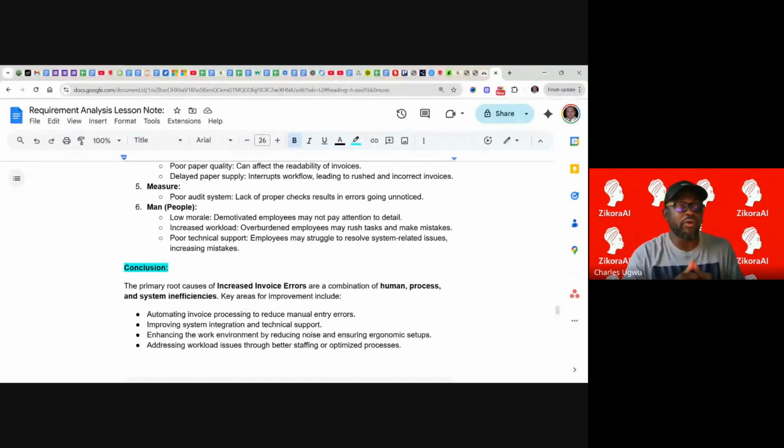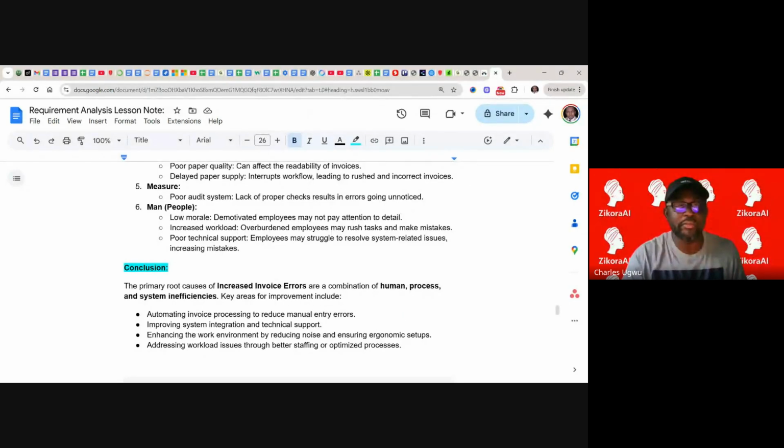We are looking for a project manager to lead the implementation of automating the invoice process to reduce manual errors. Enhancing the work environment by reducing noise and ensuring ergonomic setup. So it's not only by implementing technologies. You can do that by enhancing the work environment.